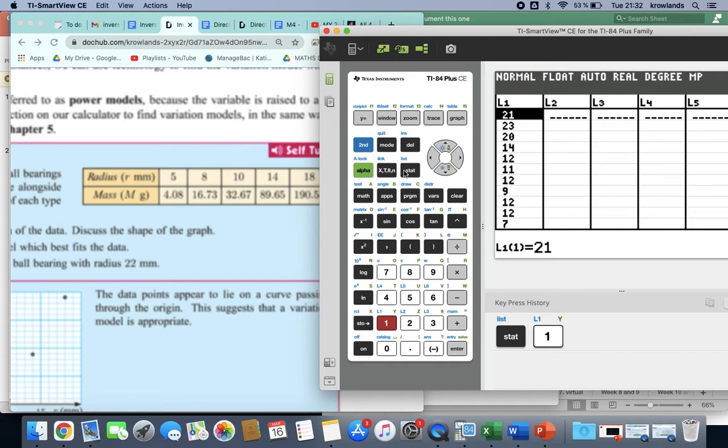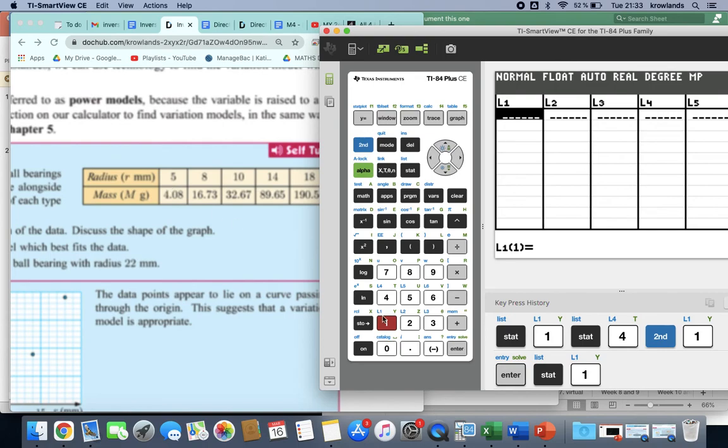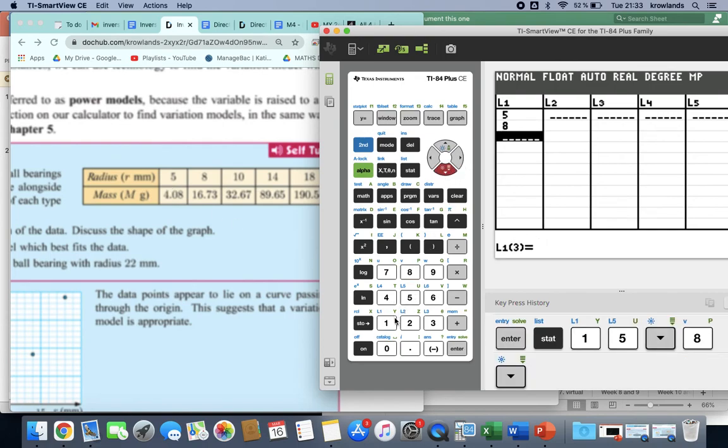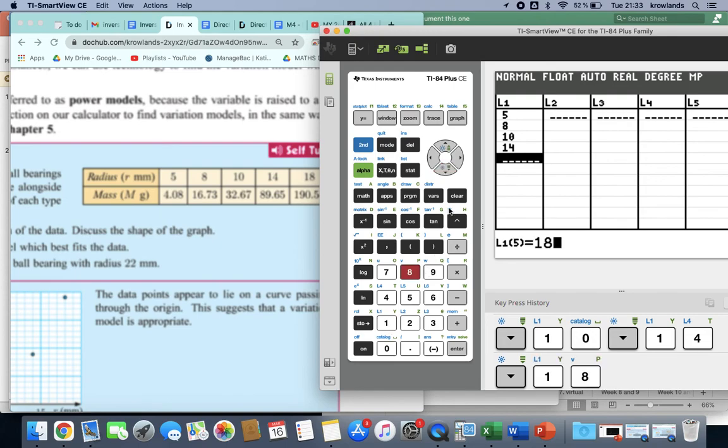Before we edit, we need to clear the list. Number 4, clear list 1 in my instance. Second 1, clear list 1. Go back to Stat, Edit, put in the numbers. Let me check. Perfect.